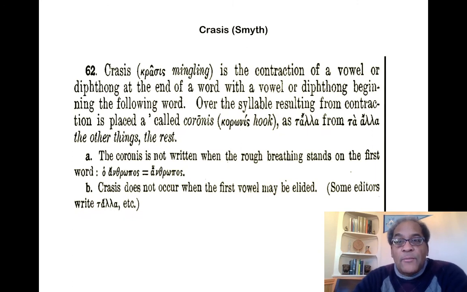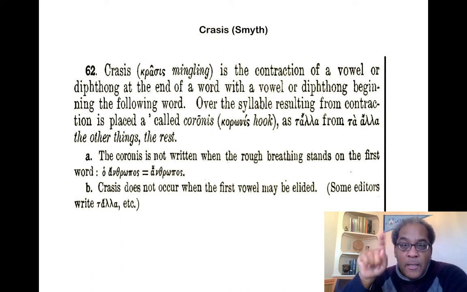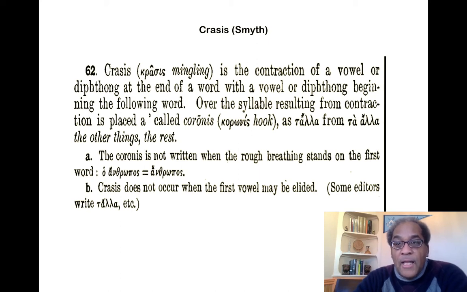The next way of dealing with vowels colliding is called crasis, mingling. This is the contraction of a vowel or diphthong at the end of a word with a vowel or diphthong beginning the following word. Over the syllable resulting from contraction is placed an apostrophe called a coronis, a hook. So you have talla from ta alla. A, the coronis is not written when the rough breathing stands on the first word.